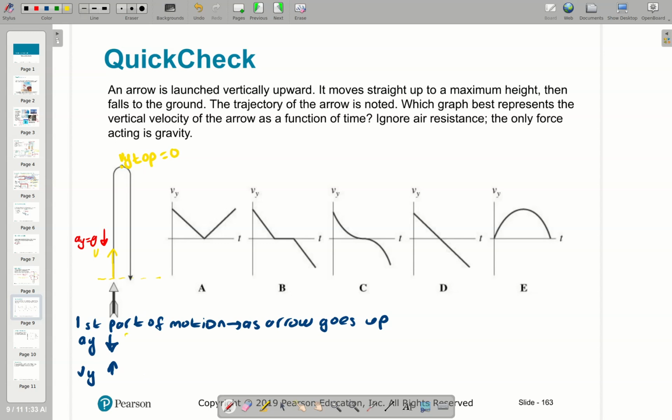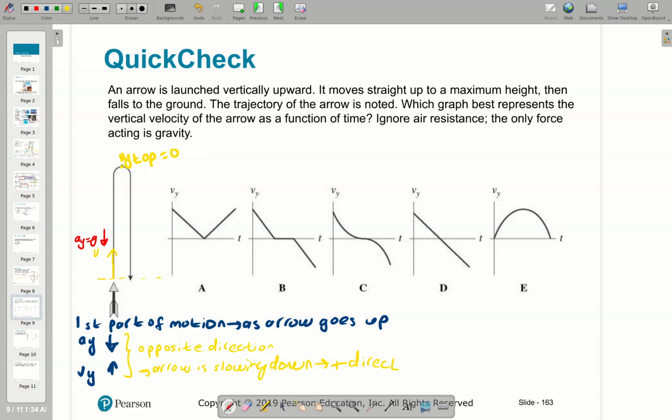If ay and Vy are in opposite directions, we have slowing down motion. Remember that? So the arrow is slowing down in the positive direction.